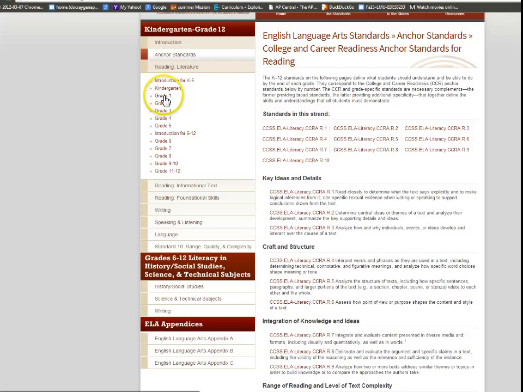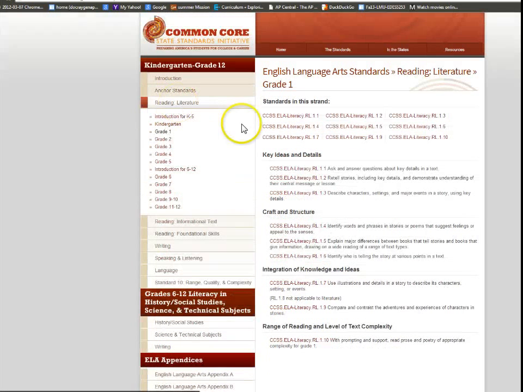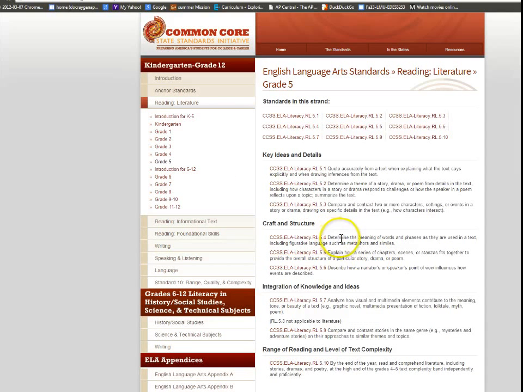So if you click on first grade, standard 4 is identify words and phrases in stories or poems that suggest feelings or appeal to the senses. So it's about vocabulary. If you go to 5th grade, standard 4 is about vocabulary.